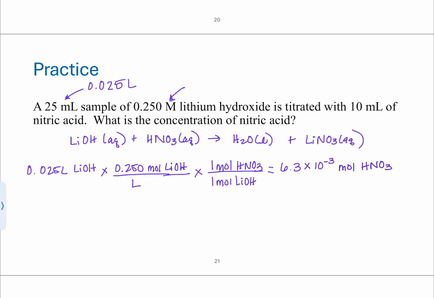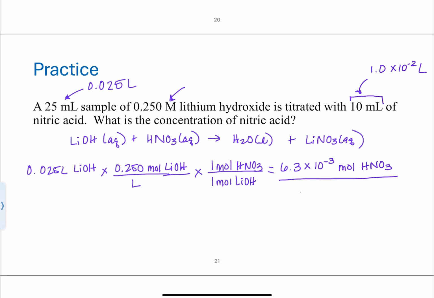So now we're left with moles of nitric acid, and we can use this to determine our concentration. If you plug all of this information into your calculator, you should get 6.3 times 10 to the negative third moles of nitric acid. So this is moles, but what it's asking us for is the concentration or the molarity of nitric acid.